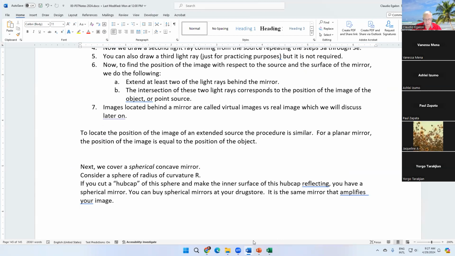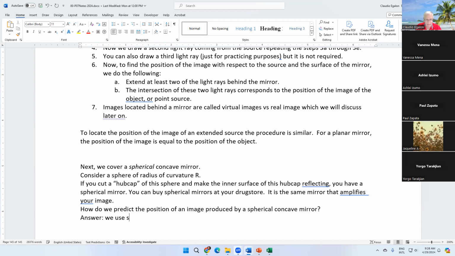Now, the question is, how do we predict the position of an image produced by a spherical concave mirror? Well, the answer is very simple.